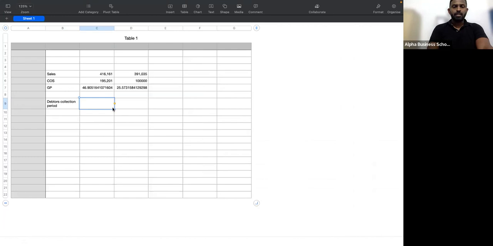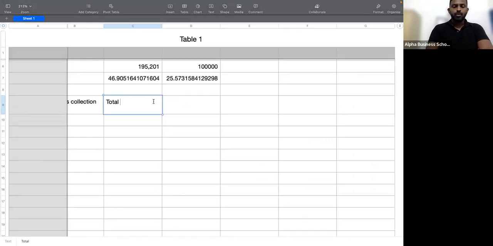Debtors collection period is computed like this. You take average debtors and divide it by total credit sales, and you multiply that by 365.